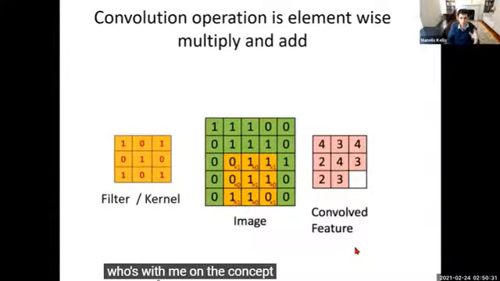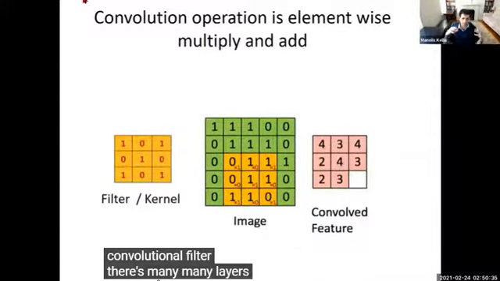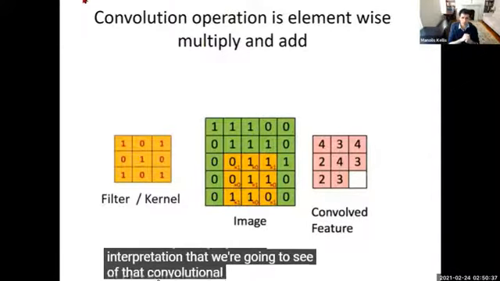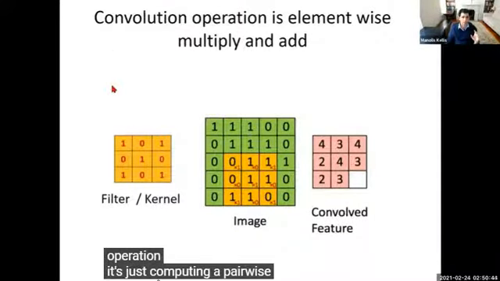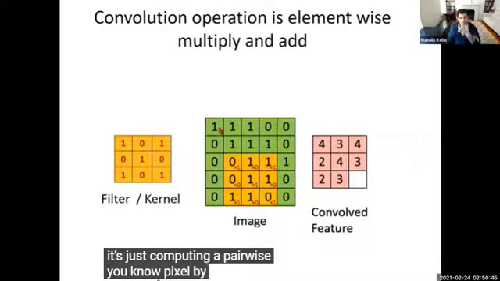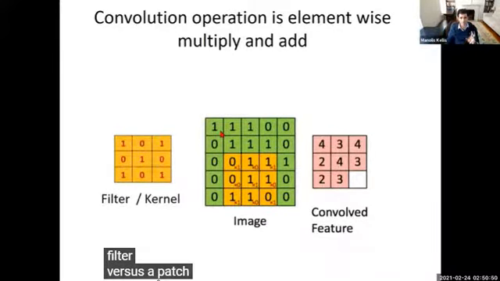Who's with me on the concept of a convolutional filter? There are many layers of interpretation that we're going to see of that convolutional filter, but at the basis, it's just a matrix operation. It's just computing a pairwise, pixel by pixel comparison of a filter versus a patch of an image.